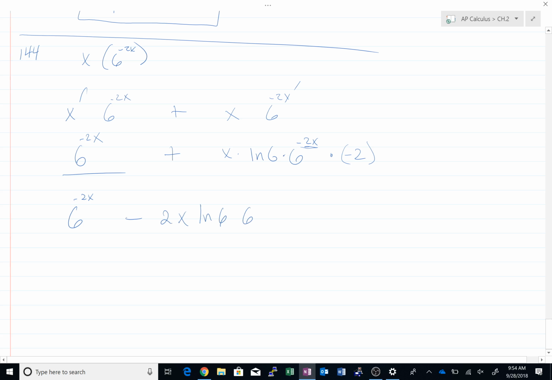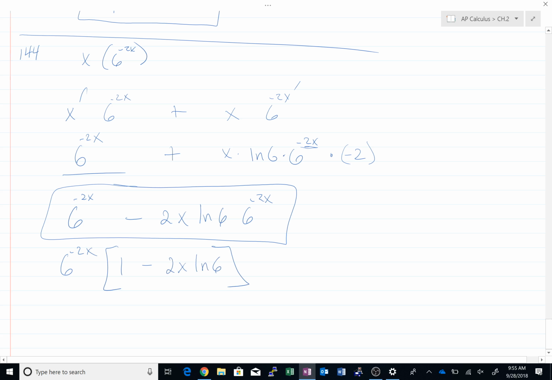I am totally fine with that. Yes, I could factor out a 6 to the negative 2x, but it doesn't really do too much for me. I mean, it does this. It's a little cleaner. I'm okay either way.